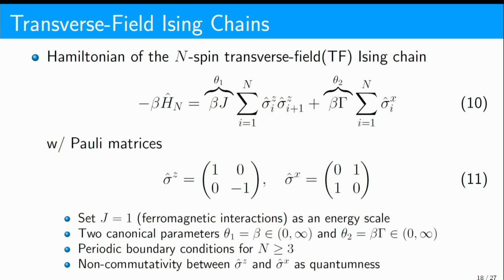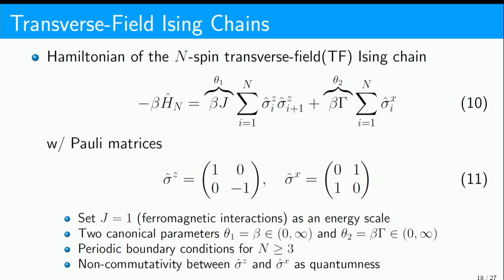And yeah, I'm going to touch a little on the transverse-field Ising chains. The Hamiltonian of the n-spin transverse-field Ising chain is given by this, with the Pauli matrices defined as follows. There are mainly two terms: one is the spin-spin interaction, and the other comes from the transverse field.